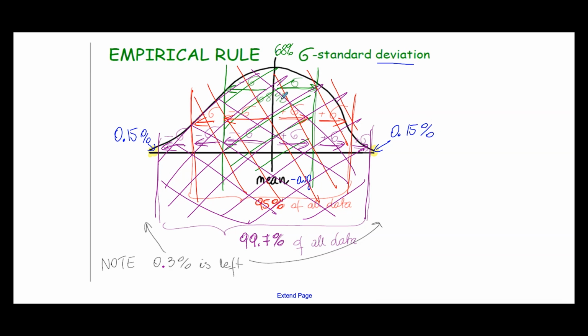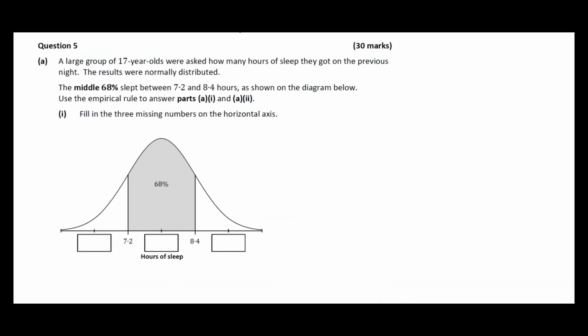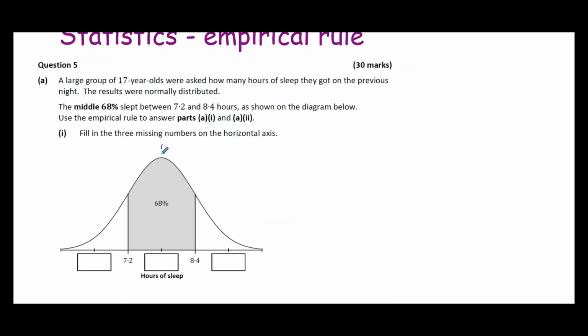Okay, so applying that rule here, with lots of scribbling. In the middle, we have the mean. We went plus a standard deviation and minus a standard deviation, and got those two values. To find the middle, I need to know the difference between those two. From 8.4 we take away 7.2 and get 1.2.